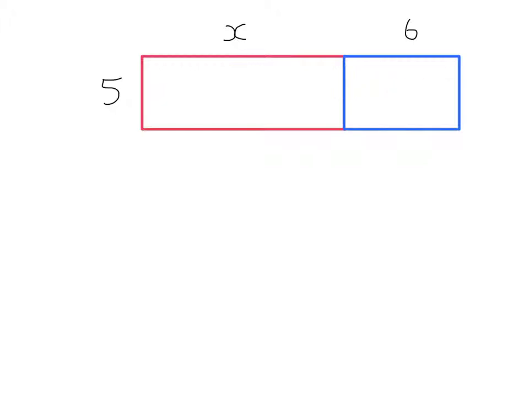To begin with, the area of the red part of the room would be 5 times by x, while the blue part of the room would be 5 times 6, which we know is 30 square units.